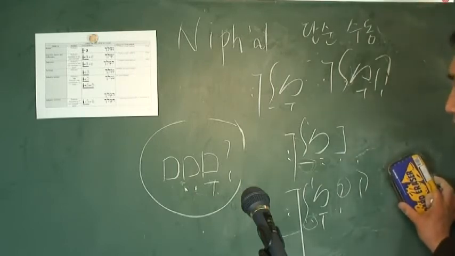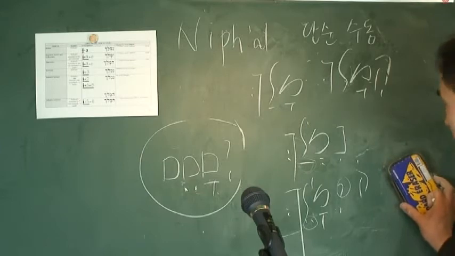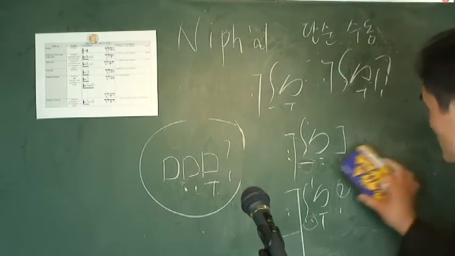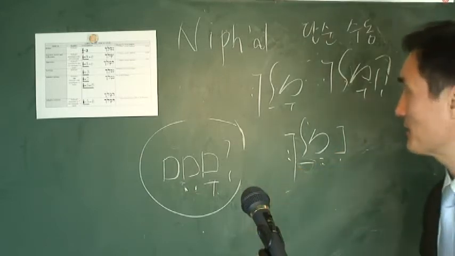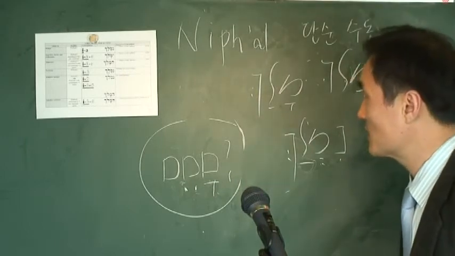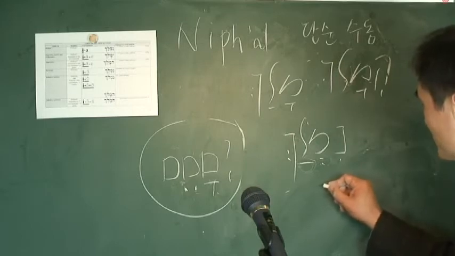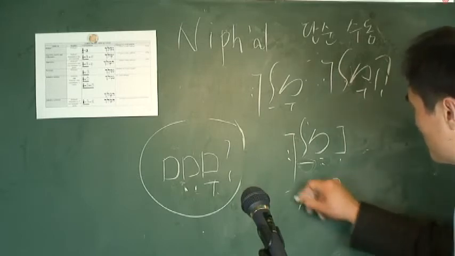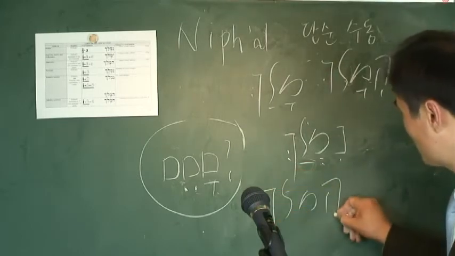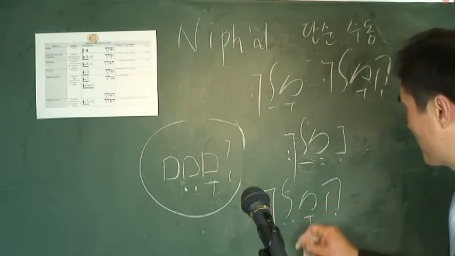Next, the infinitive construct form. The infinitive construct is the same as the imperative. Therefore, it would be himalek.